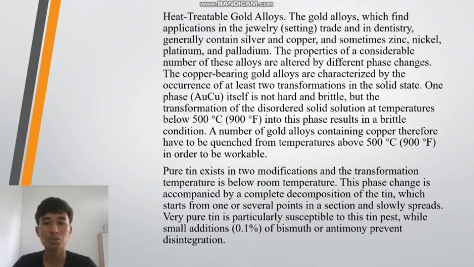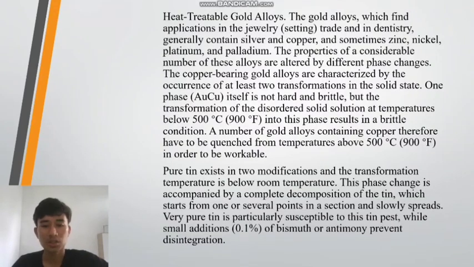The phase AuCu itself is not hard and brittle, but the transformation of the disordered solid solution at temperatures below 500 degrees Celsius or 900 degrees Fahrenheit into this phase results in a brittle condition. A number of gold alloys containing copper therefore have to be quenched from temperatures above 500 degrees Celsius or 900 degrees Fahrenheit in order to be workable.